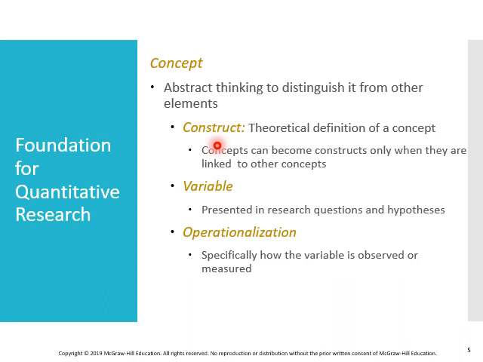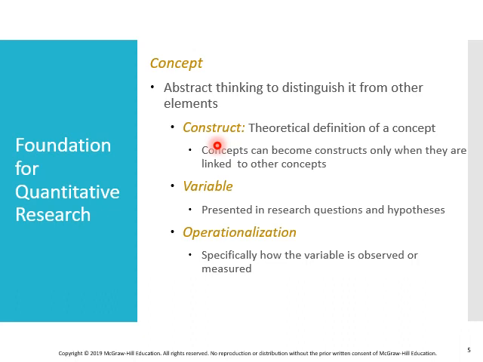So if we put the concepts children, violence, and TV together and string them together to make some kind of meaningful link or connection between them, then they become a construct, and we see how they become variables in a hypothesis.